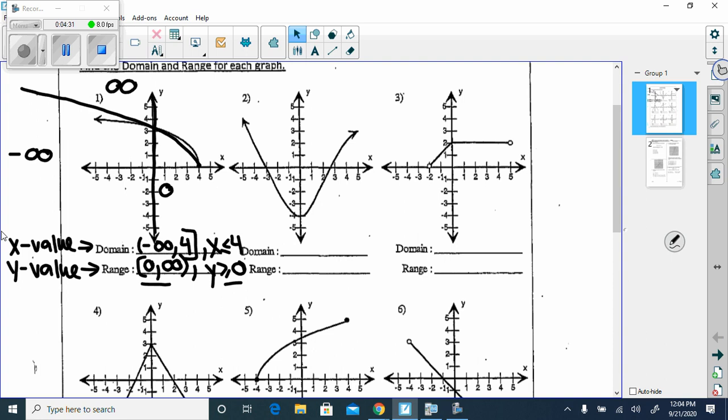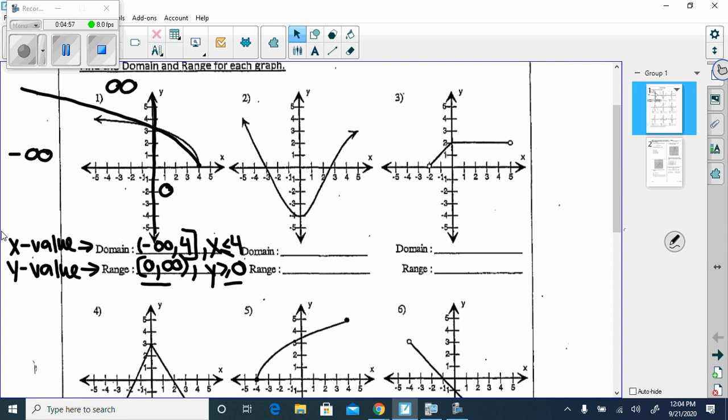Because infinity is not a number we actually can count to, right? It goes on forever, so you can't technically include it. It never stops. So the bracket comes from, just like you know when to use an equal sign, right? We use an equal sign when our point is filled in.